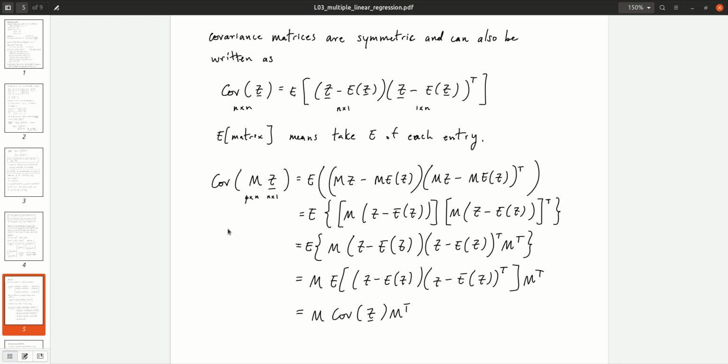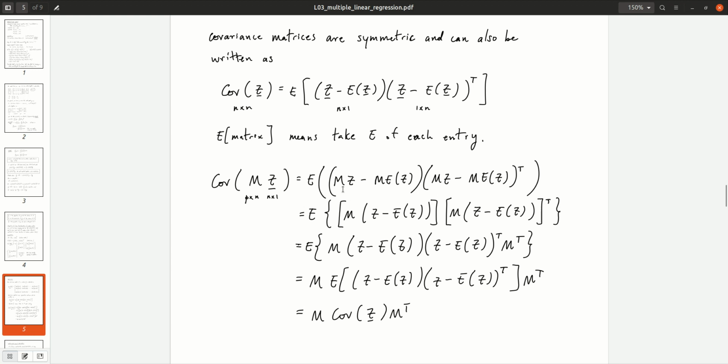And so the covariance matrix for m times z is going to be a p by p matrix. All right, now let's push this through this equation here and see what we get. So this is the formula for the covariance matrix of mz. It's mz minus the expected value of mz, which we saw before is m times the expected value of z. And then this is just the same thing transposed.